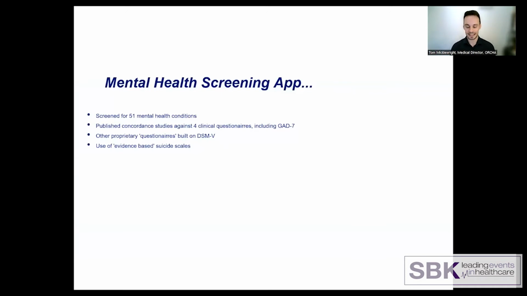And I want to again illustrate with an example. We reviewed a mental health app which claimed to be able to screen patients for 51 mental health conditions. When we first took a look at this app, they said, we've got loads of evidence. We've got evidence showing our questionnaires and surveys are validated.